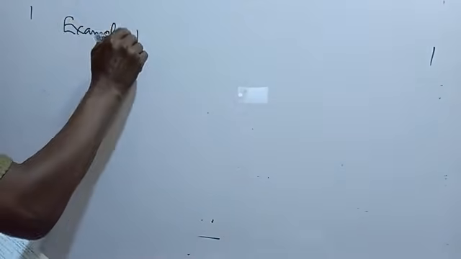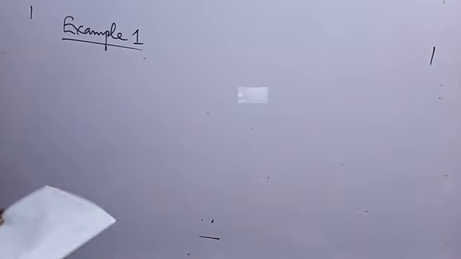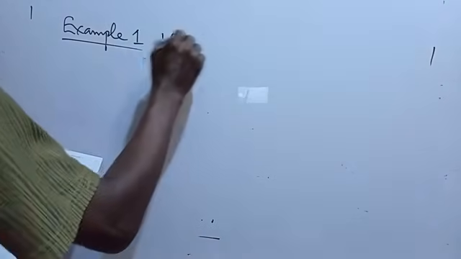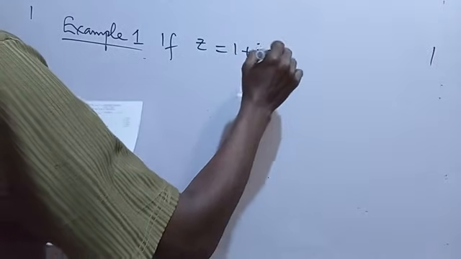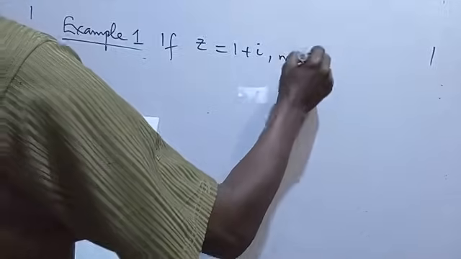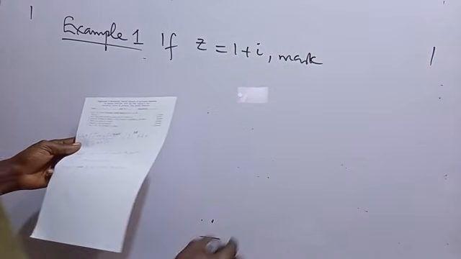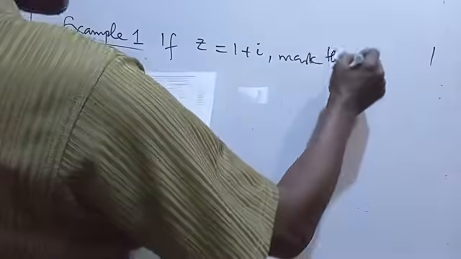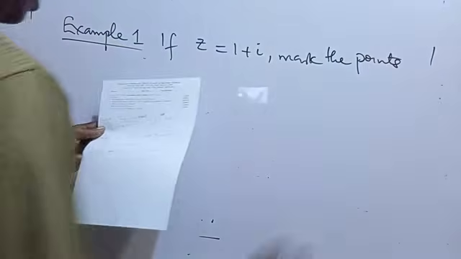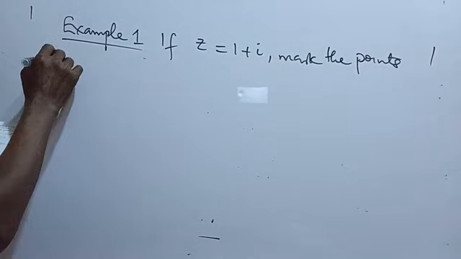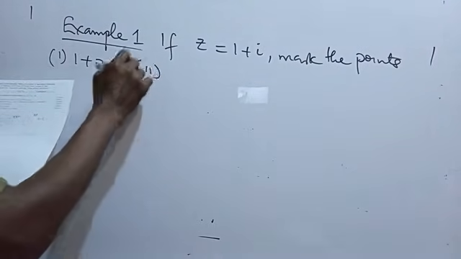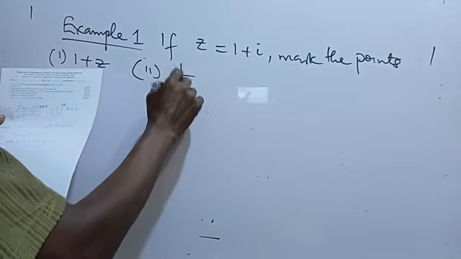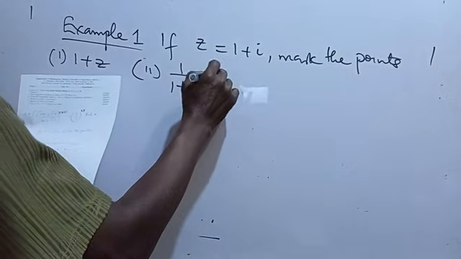If z is equal to 1 plus i, mark the points: 1, 1 plus z; 2, 1 over 1 plus z in the complex plane.